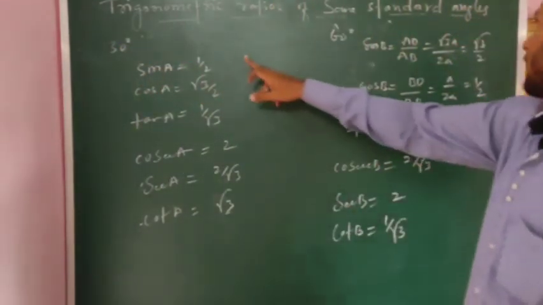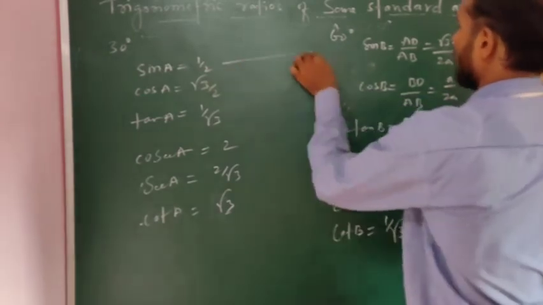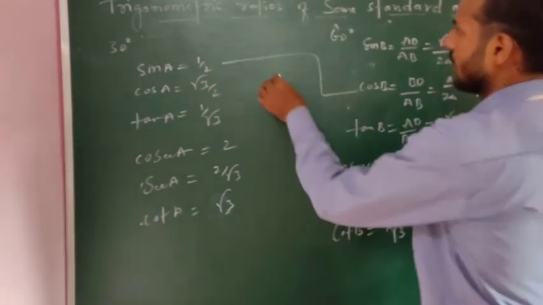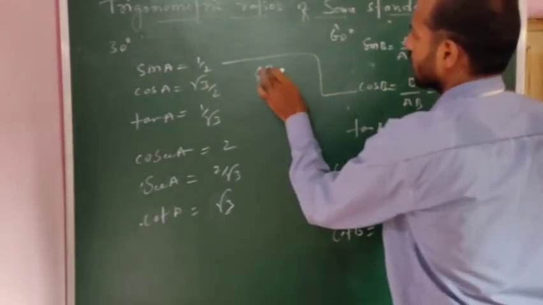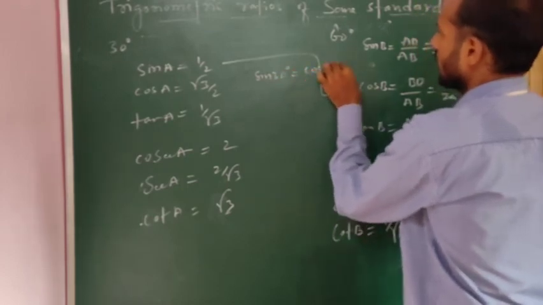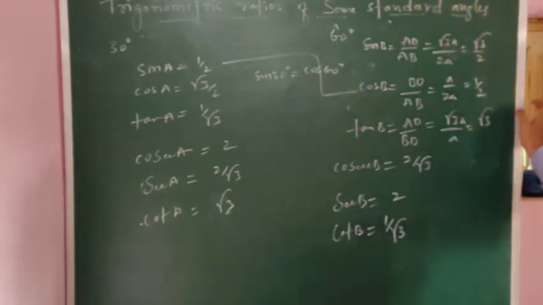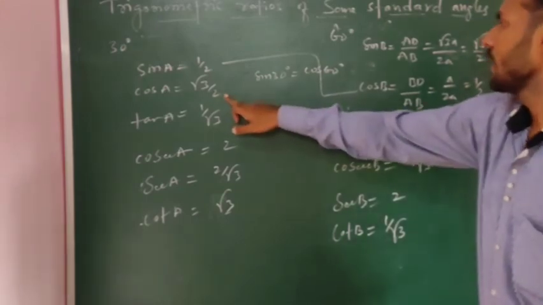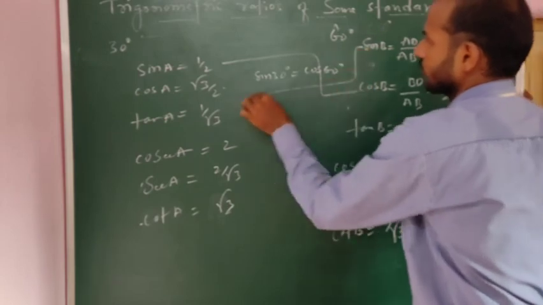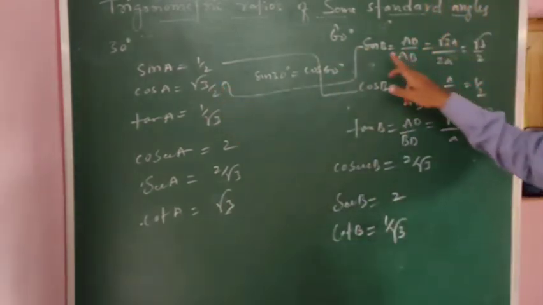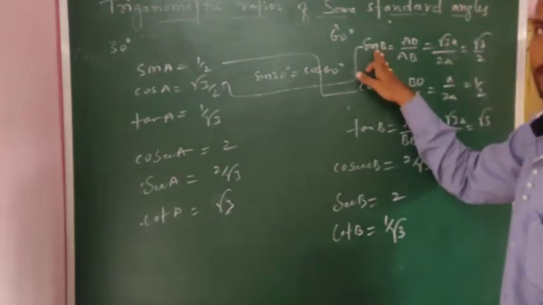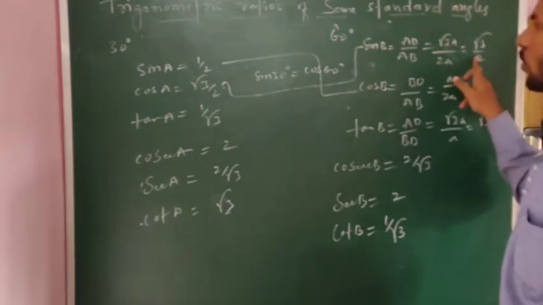Now sin A equals cos B, that is sin 30 degree equals cos 60 degree. Got it? Next, cos A equals sin B, which is root 3 by 2.